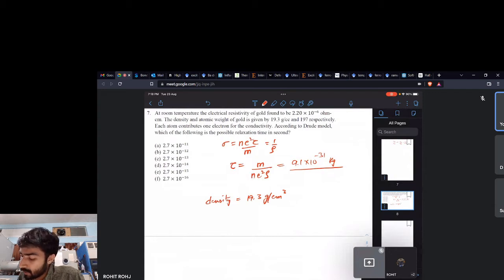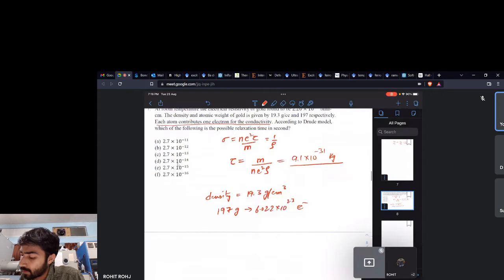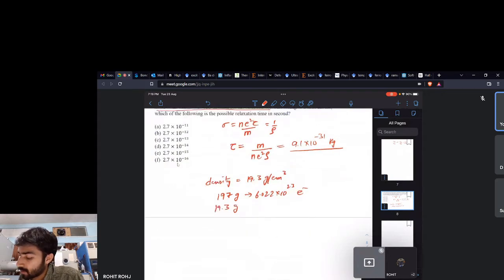So 197 grams of gold would contain Avogadro number, that is 6.022 times 10 to the 23 atoms, and we are given that each atom contributes 1 electron for the conductivity. Then we have 197 grams of gold containing Avogadro number of electrons, and therefore 19.3 grams would contain 6.022 divided by 197, times 19.3.